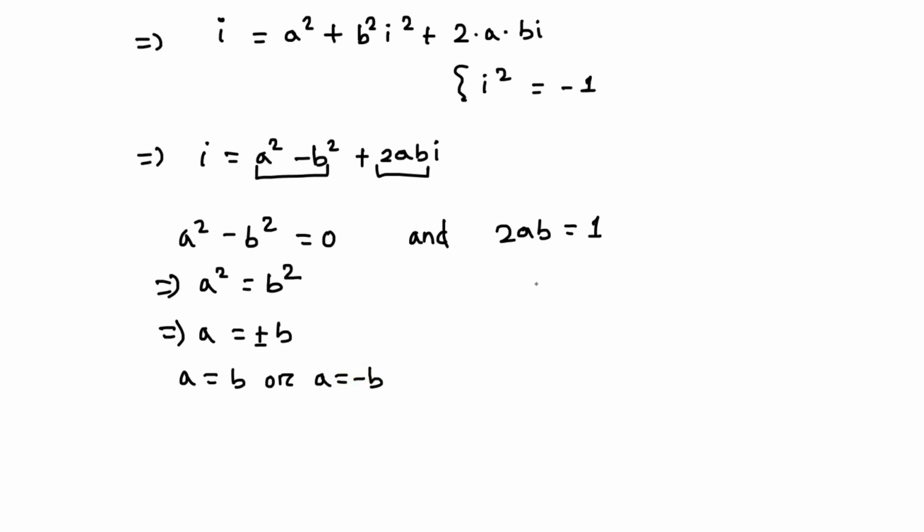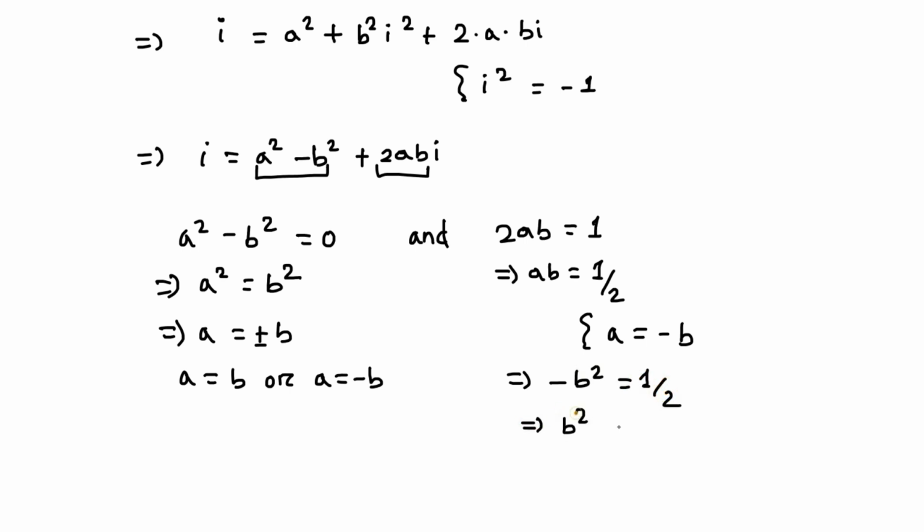Now here we have ab equals 1 by 2. If I put a equals minus b, the above equation becomes minus b square equals 1 by 2, which means b square equals minus 1 by 2.